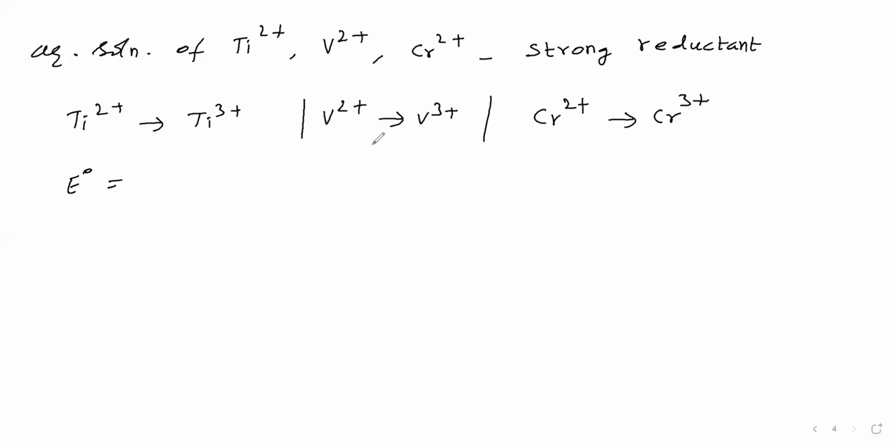So now we will take Cr2 plus, we will keep it in acidic medium. What happens is Cr2 plus itself converts to Cr3 plus and we are getting hydrogen gas. So Cr2 plus in acidic medium converts into Cr3 plus. H plus is converting into hydrogen gas.